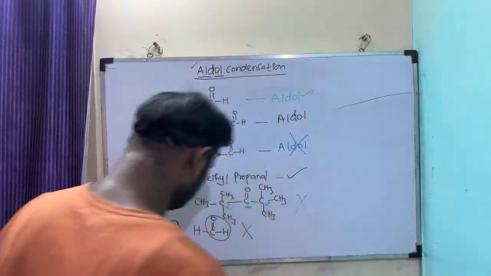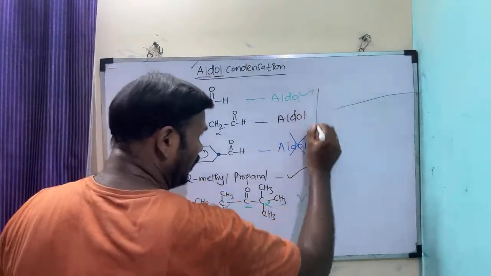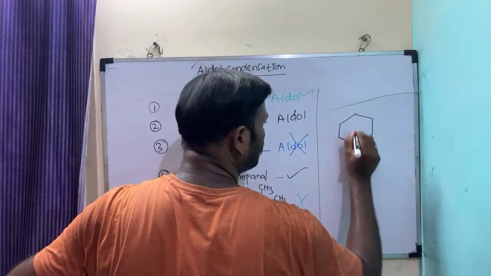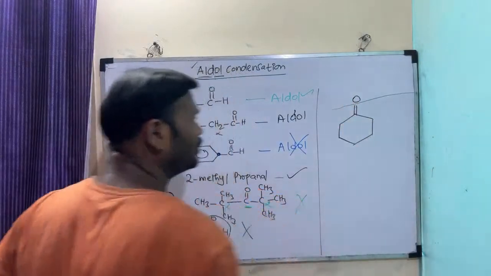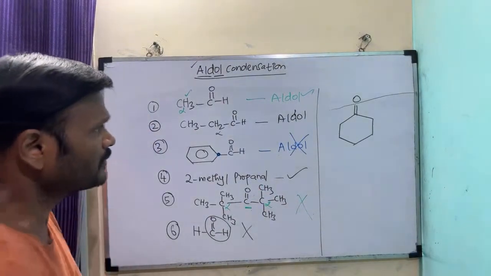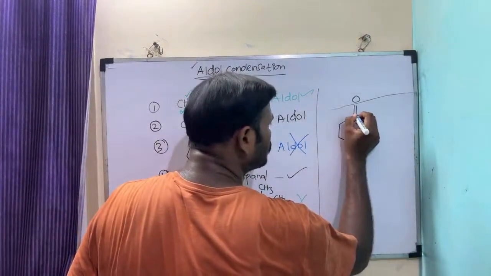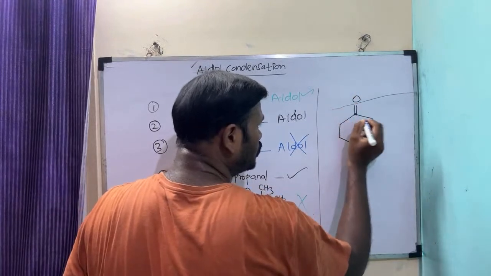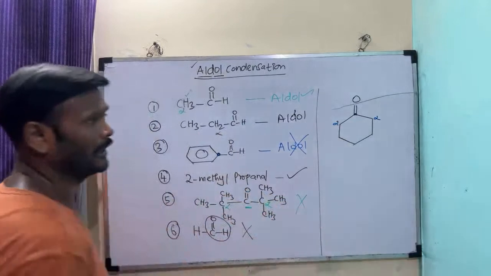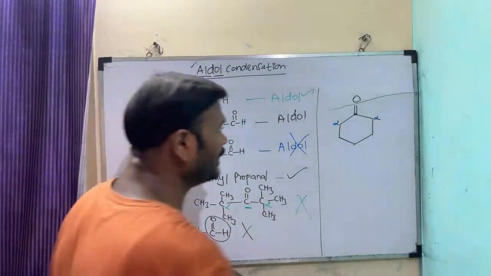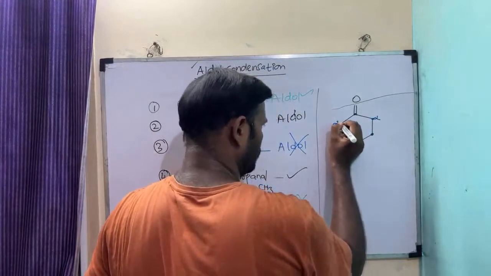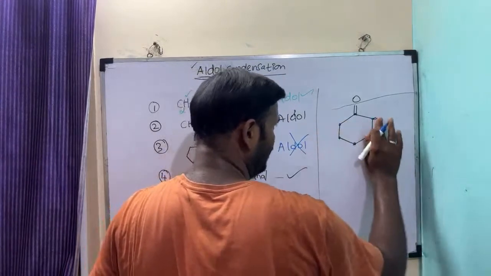The next molecule, cyclohexanone. Whether this molecule is involved in aldol condensation or not, let me check. This is the functional group, C double bond O. The carbons attached to the functional group are alpha carbons, and here also we have an alpha carbon. We have five other carbons in the ring.